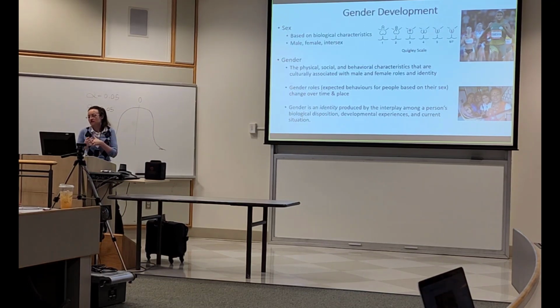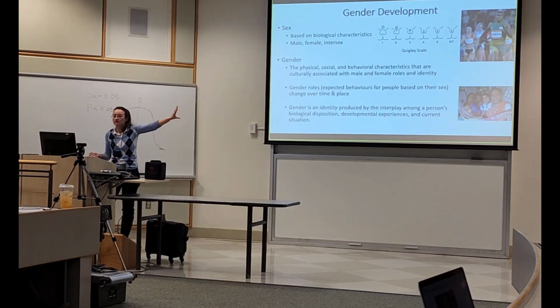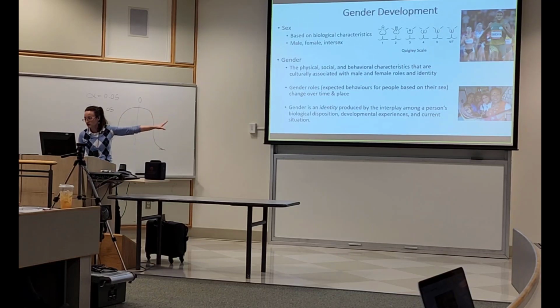Gender is different from sex, and it refers to the psychological or social, behavioral characteristics that are about a gender role or a psychological sense of identity. They're about a social role. Okay? So biological difference versus social role, and what society expects people with this part or that part to do, and what role they should fulfill.